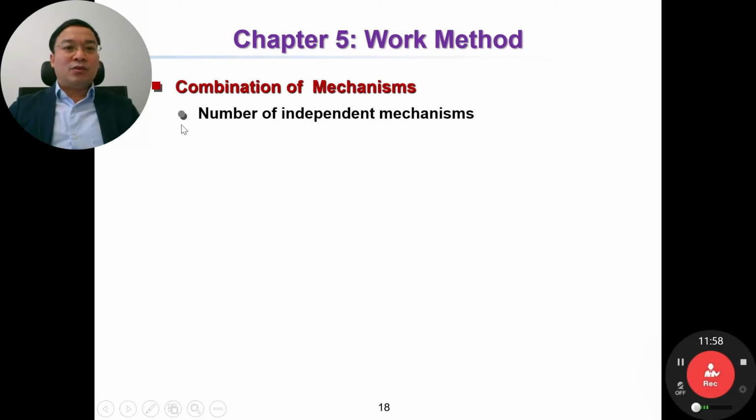First, we start with the number of independent mechanisms. We have the equation small n equal to big N minus r.